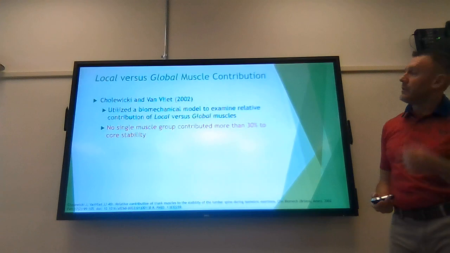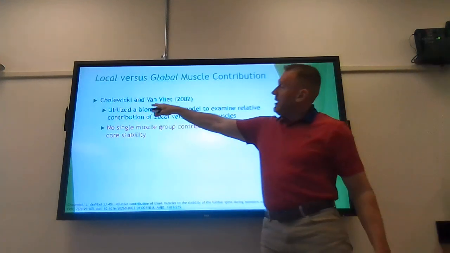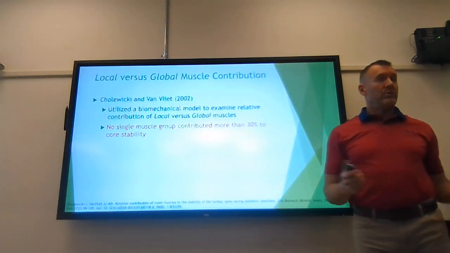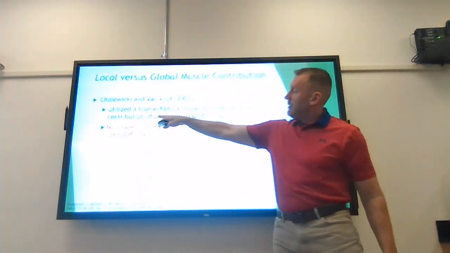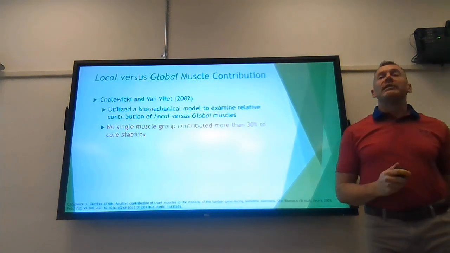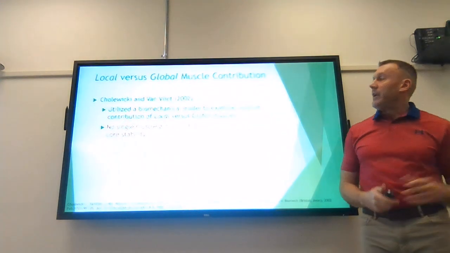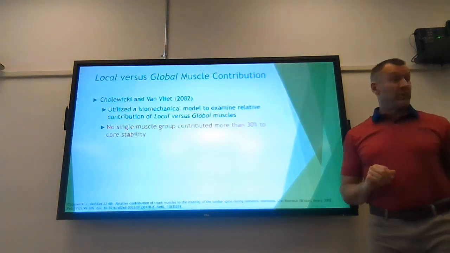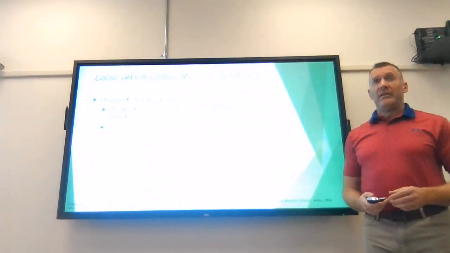So another study here. Kolwicki and Van Vliet utilized a biomechanical model to examine how much local versus global muscles contribute to core stability. A key point, no single muscle contributed more than 30%. That's interesting.